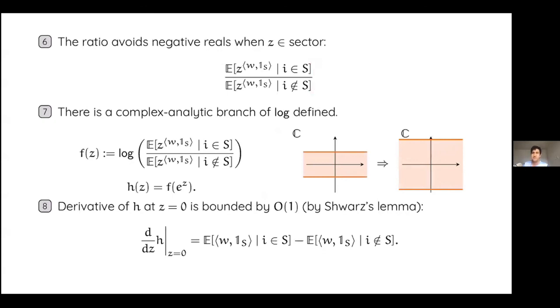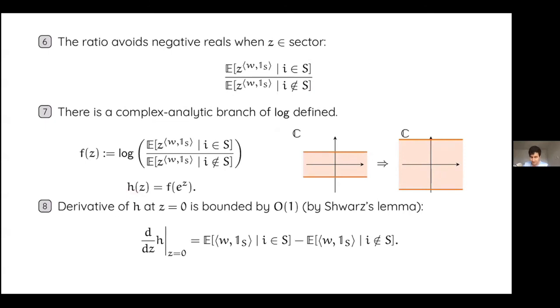And once you have the negative reals avoided, you can take a logarithm of this quantity. There is a well-defined branch of the log on the complex plane minus the negative reals. If you play around with the logarithm of this quantity, and do a substitution where you replace Z by e to the Z, you get this function H.